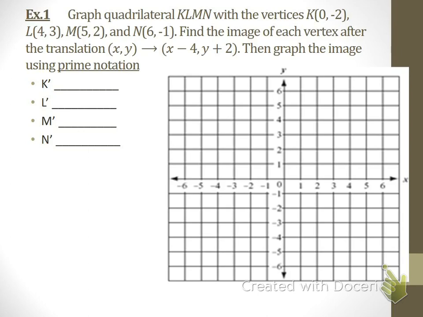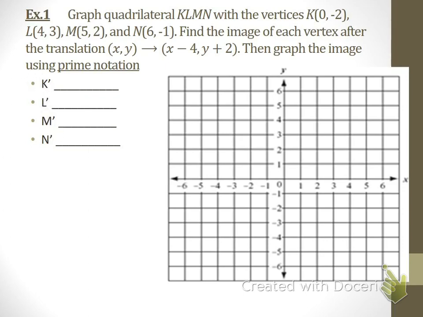We are asked to graph the quadrilateral KLMN, given those vertices. Find the image of each vertex after the translation, which they give to us in what's called vector notation. Then graph the image using prime notation, which we talked about yesterday. So the point K, its image is going to be K prime.